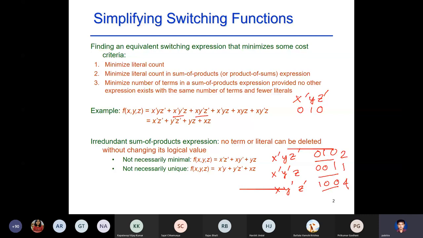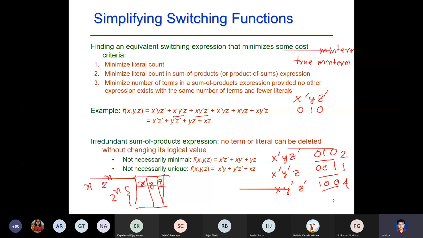If the function evaluates to 1 for the rows corresponding to, say, x prime y z prime, x prime y prime z prime, and so on, then those min terms are called the true min terms of this function.